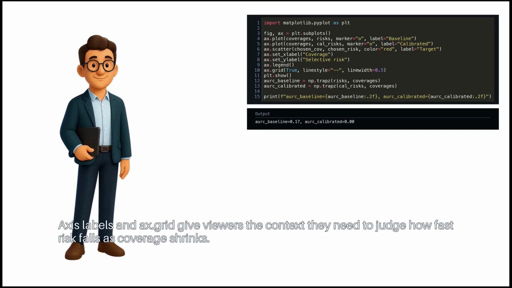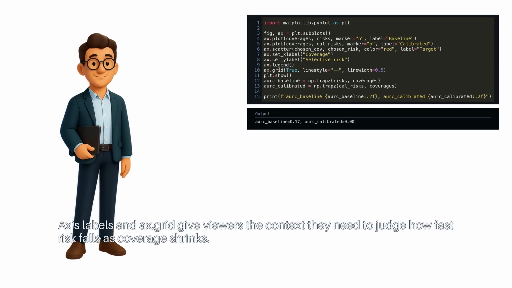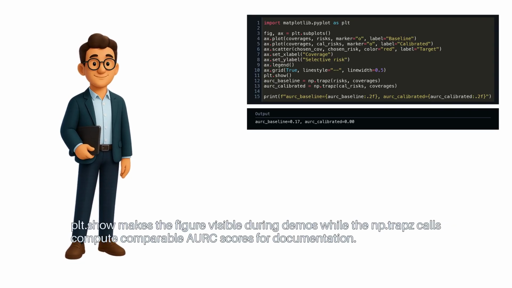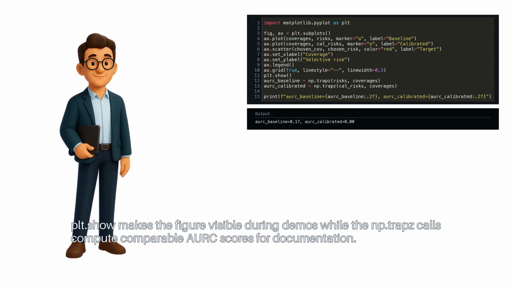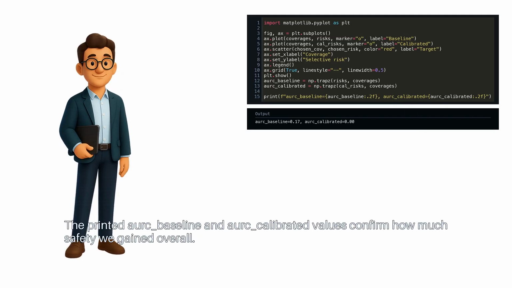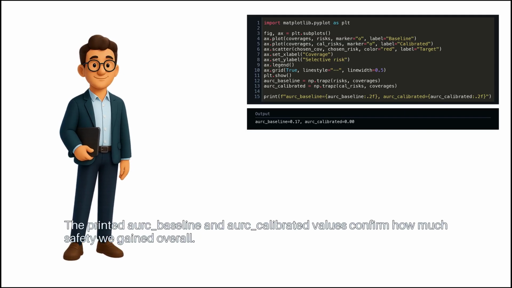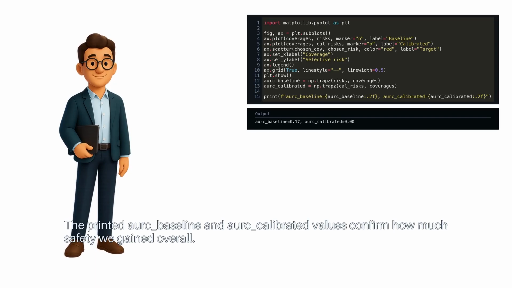Axis labels and ax.grid give viewers the context they need to judge how fast risk falls as coverage shrinks. plt.show makes the figure visible during demos, while the np.trapz calls compute comparable AURC scores for documentation. The printed AURC baseline and AURC calibrated values confirm how much safety we gained overall.